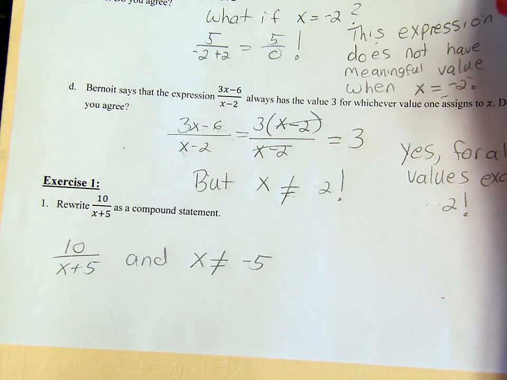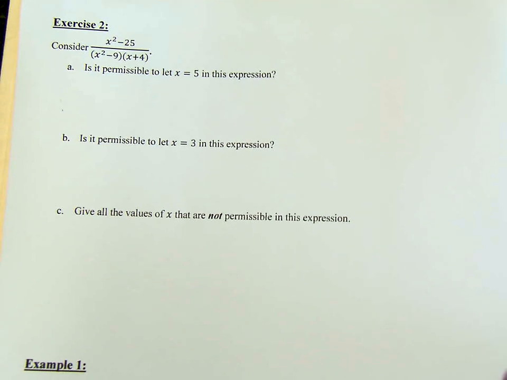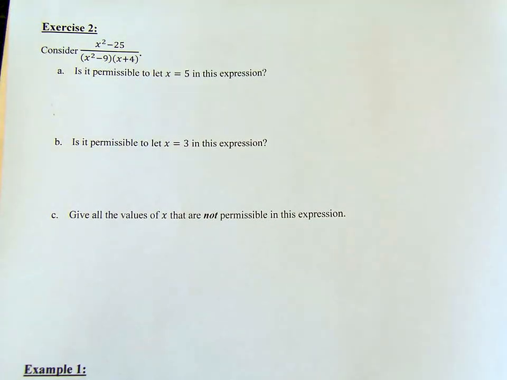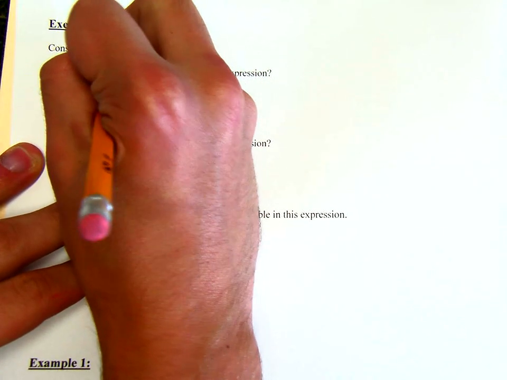Exercise 2. It says, consider x squared minus 25 divided by x squared minus 9 times x plus 4. And it says, is it permissible to let x is equal to 5 in this expression? Well, let's go through and try it. So we're going to let x equal 5. So wherever we see an x in this equation, we're going to substitute in 5.